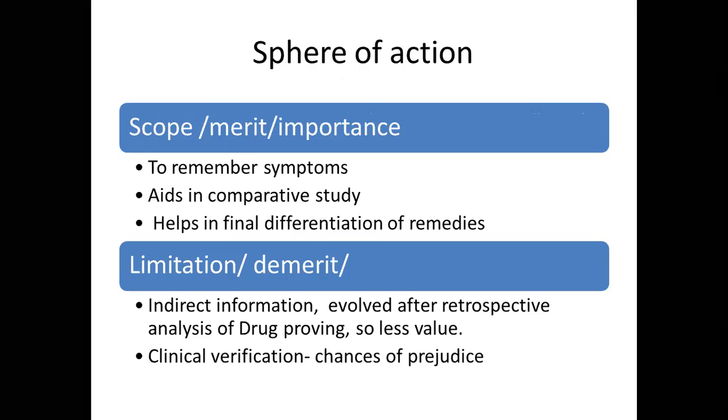When the action of the remedy is on the head, the various symptoms of headache are more prominently seen. Then some symptoms are related to tumor-like growth, some symptoms are related to scalp. So once you know the sphere of action, it will help us to remember the symptoms.